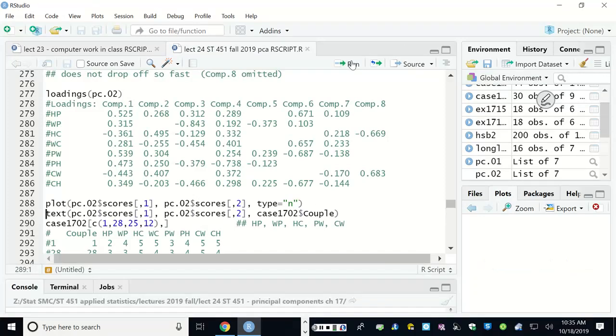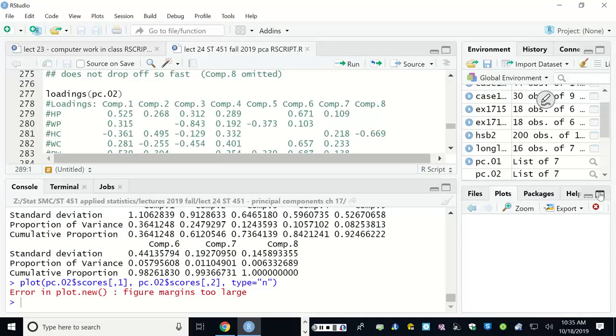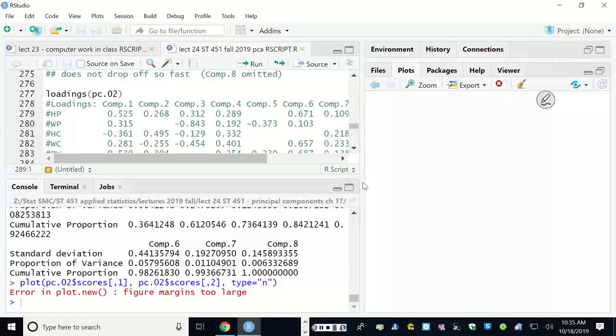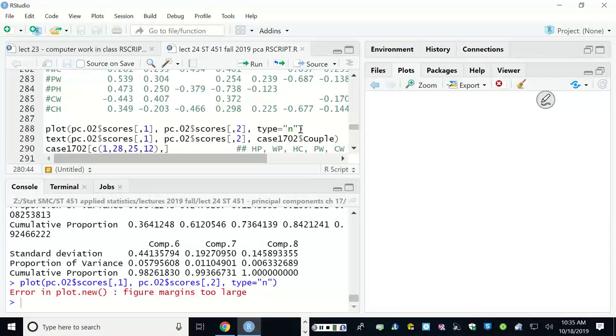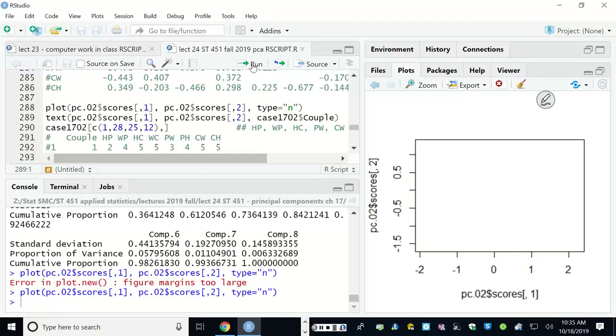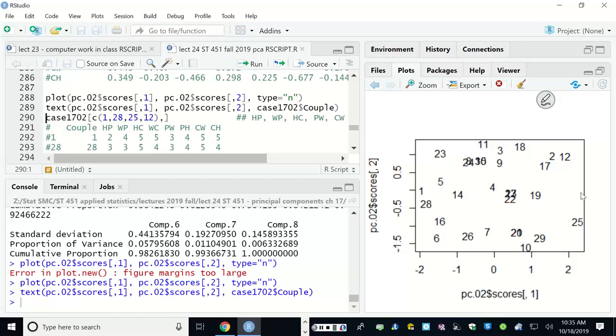One thing you could do is plot the points. Here, plot the scores and just look where people are. So if you put the text in there, these are the numbers corresponding to certain couples, right? Some couples are very high in this first one, very low over here, and so on.